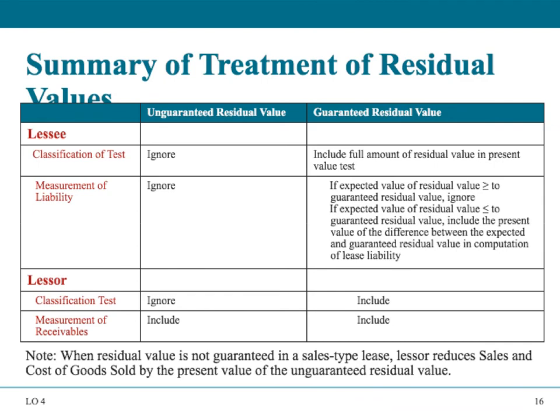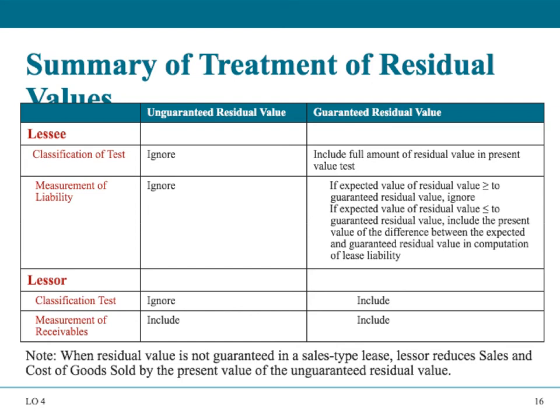Okay, this final slide is worth its weight in gold. I have both a lessee and a lessor, and I'm going to concentrate only on the lessor part. So whether unguaranteed or guaranteed residual value, you could see that guaranteed residual value is included in the classification test, so we will include the present value of guaranteed residual value, and when we calculate the receivable, it will be included as well.